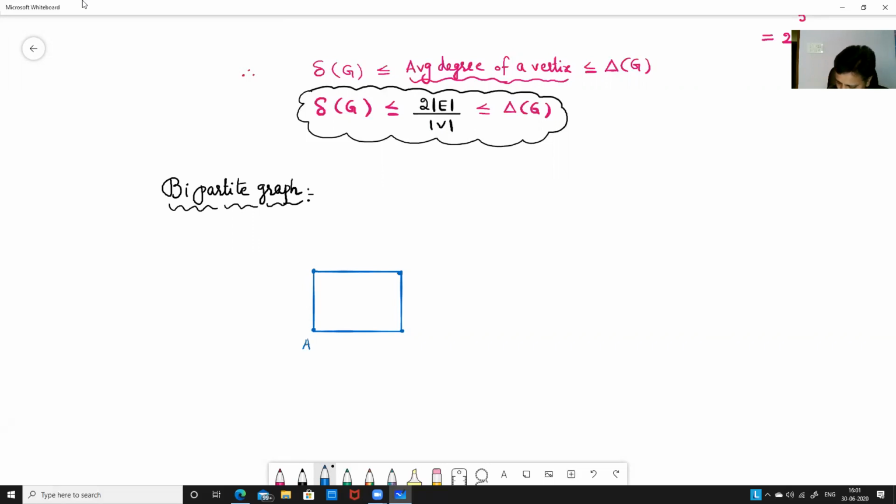Suppose I have 4 vertices, A, B, C, D. There are 4 vertices. I'll take another example also simultaneously so that I can quickly explain the definition of the bipartite graph.